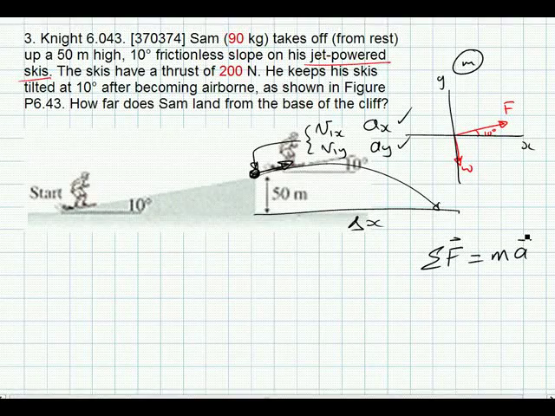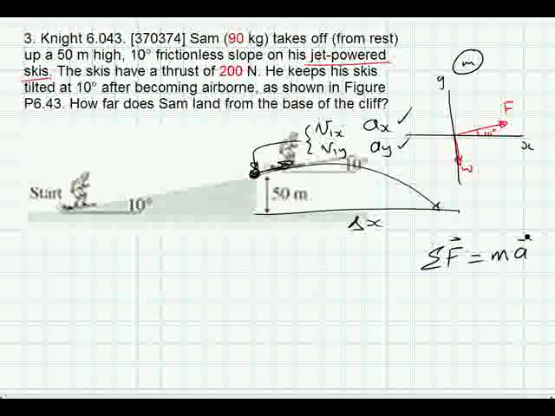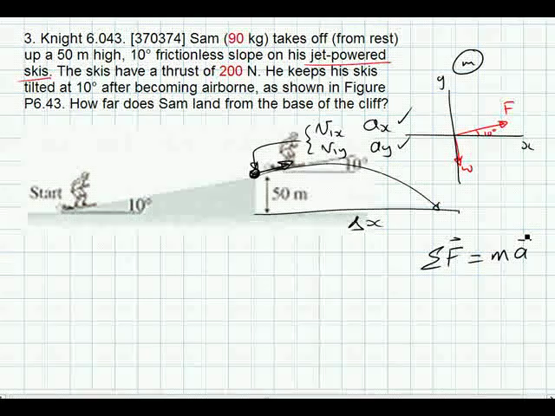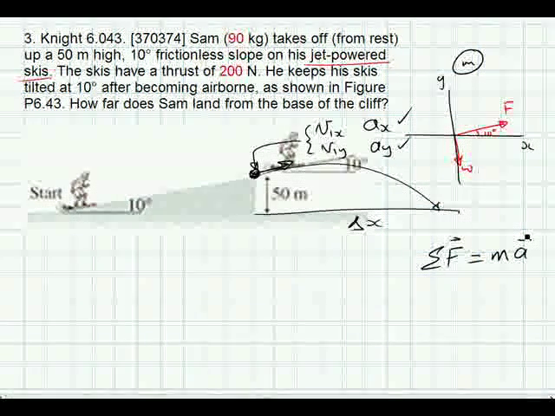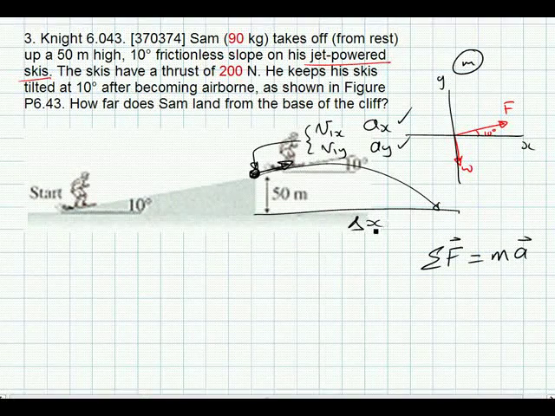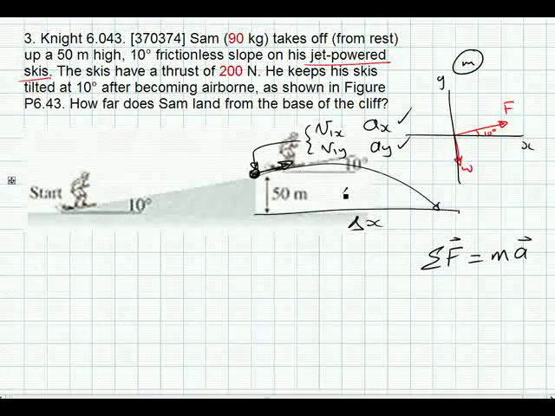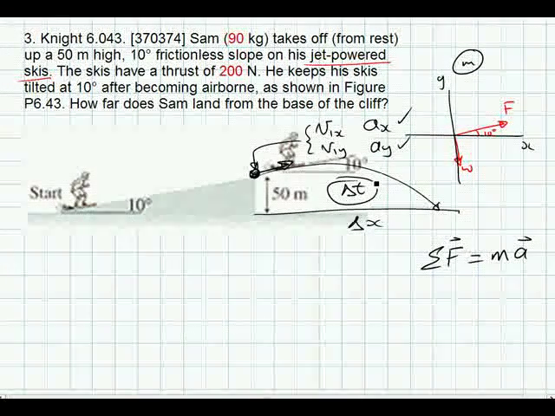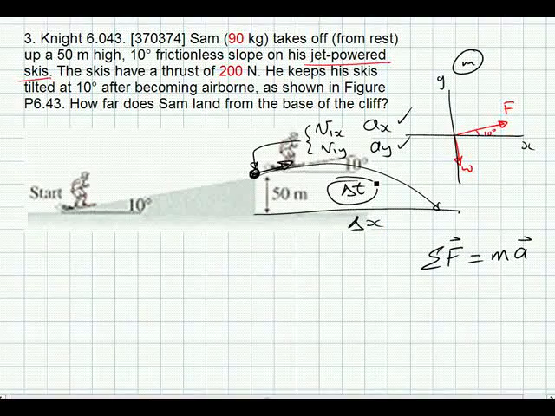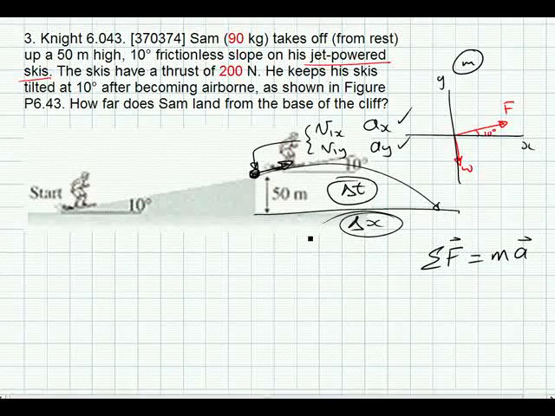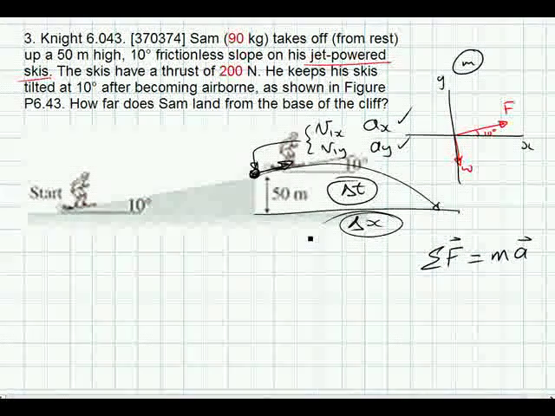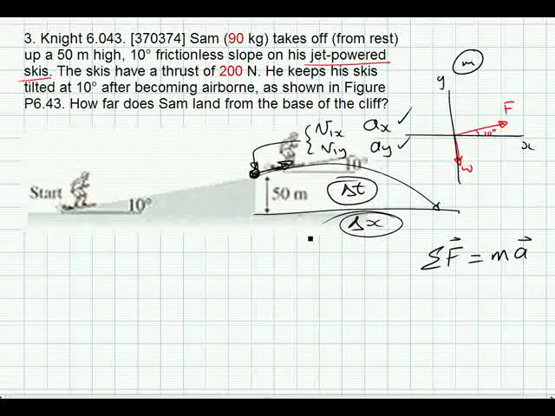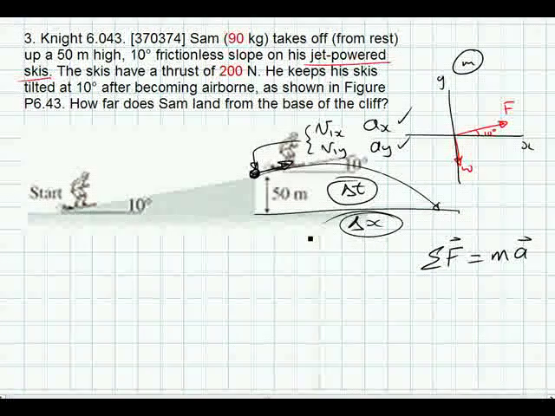Once you know what the accelerations are, then you can use the kinematic equations just the same way that we used in the previous example to find delta t first, which is the period over which he is airborne, and then use that delta t to find how far off the base of the cliff Sam lands, just the way we did for the hockey puck.